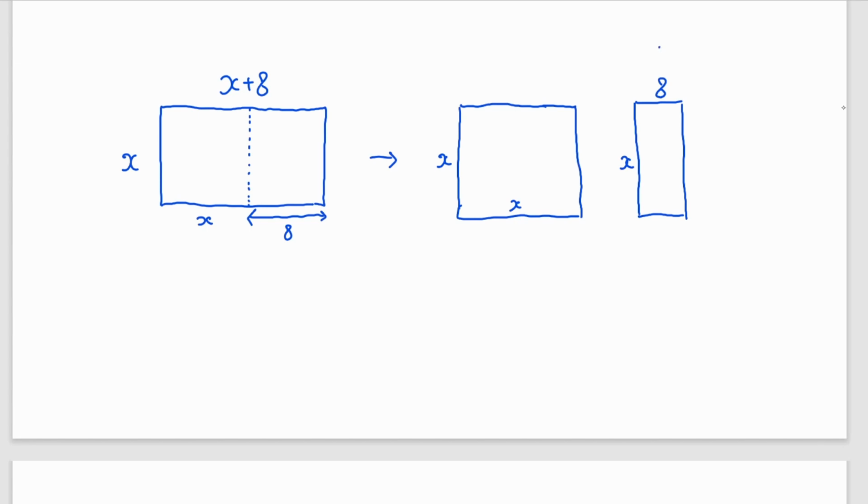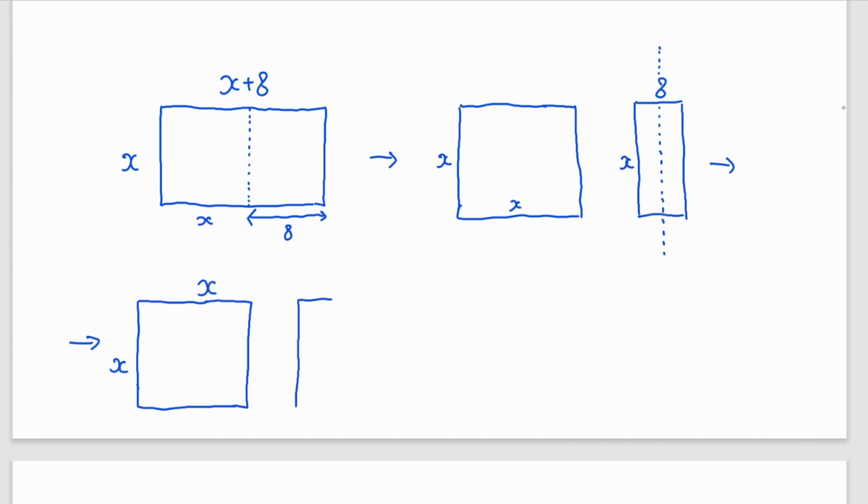Our next step was to cut the rectangle in half. That's what we got: a square with the side x and two rectangles with the sides x and 4. And where did 4 come from? This is half of 8.